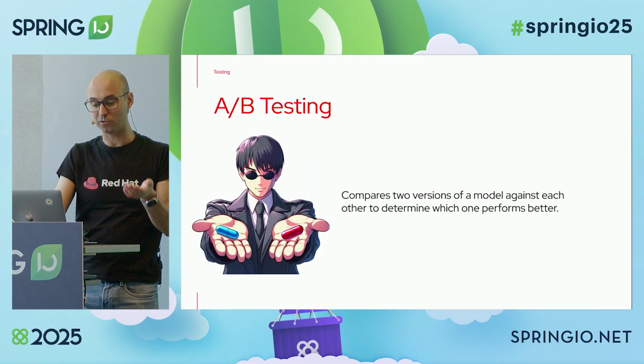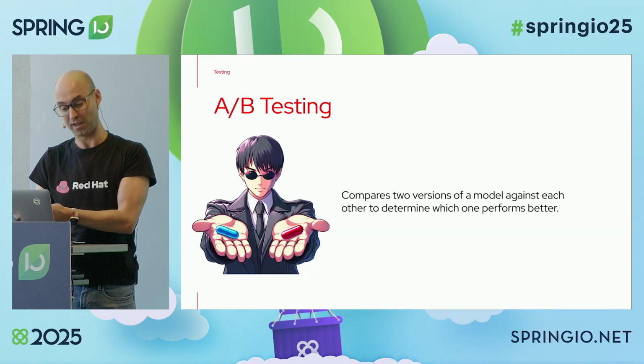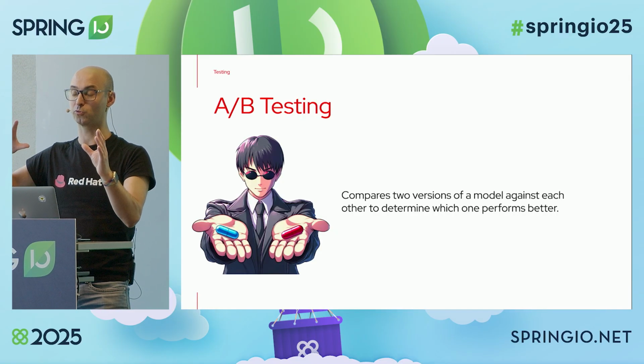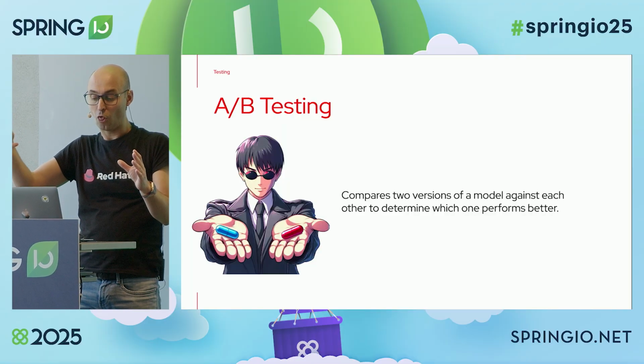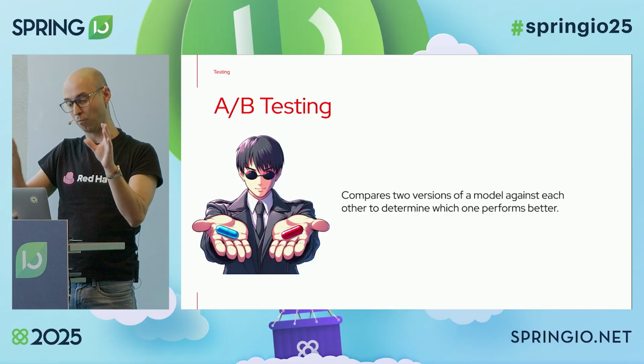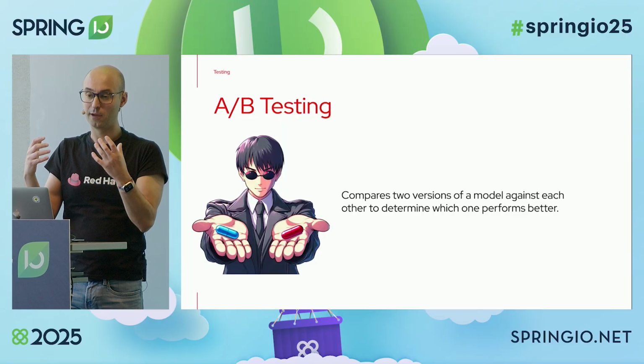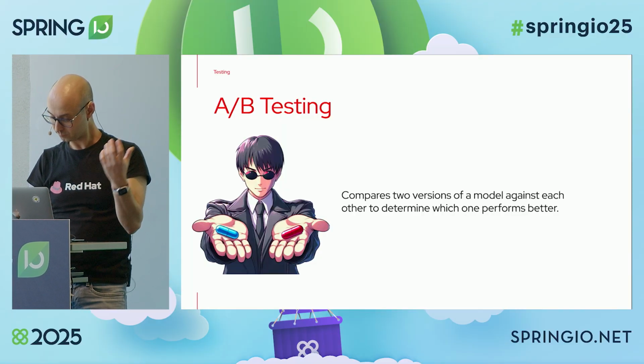So what I recommend all the time is using A/B testing. Okay, just having the two models run. If you've got one model, then when you want to release a new model, start working with both models and start comparing which gives you better answers.